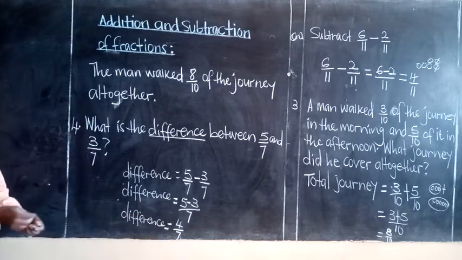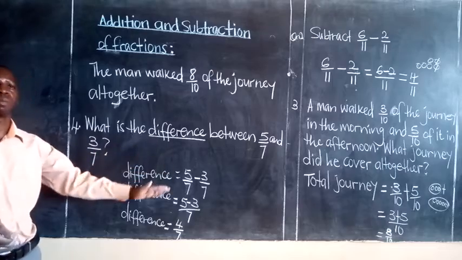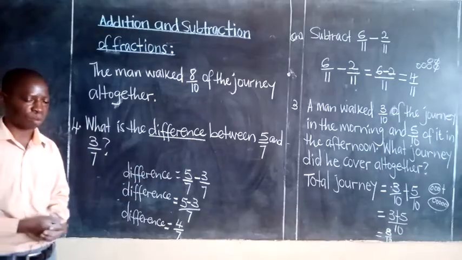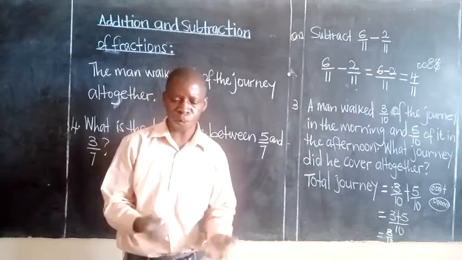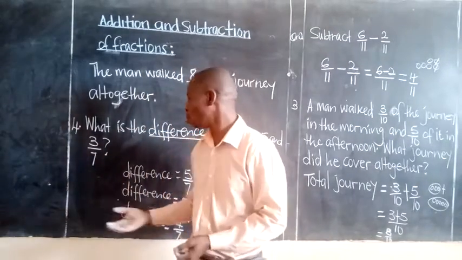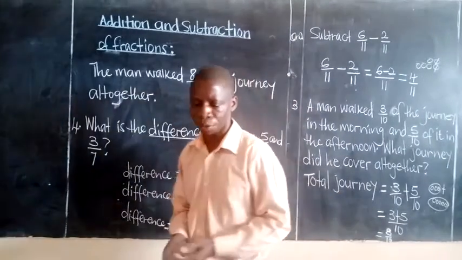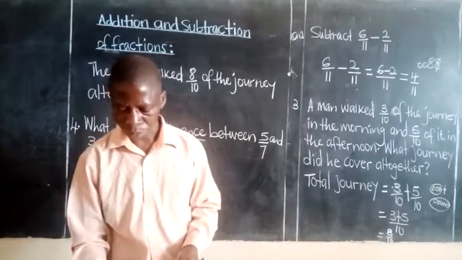So the difference is 4 out of 7. How do we get difference? We get it by subtracting. So you will have more and more involving this word difference, just to gain perfection.